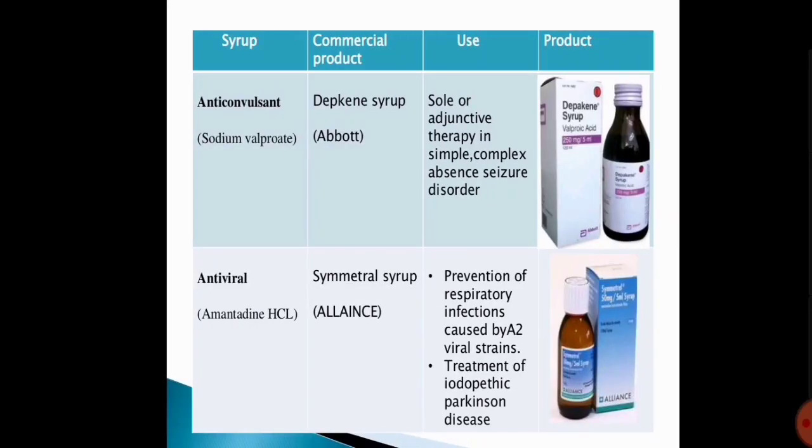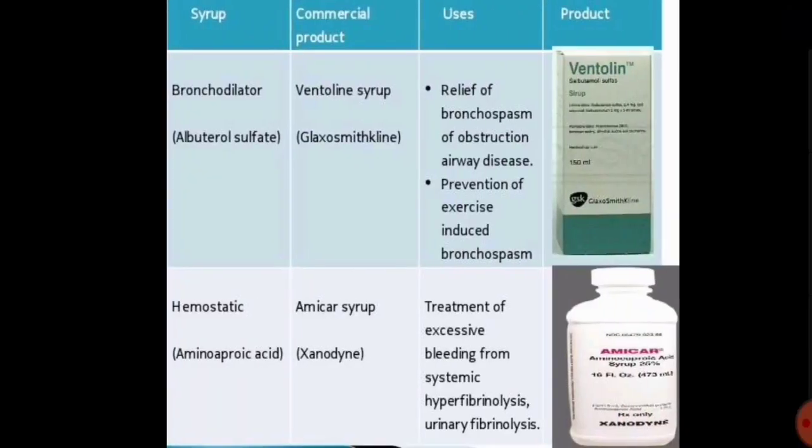Then we have anticonvulsants, which include sodium valproate, and a commercial product is Depakine syrup from Abbott, also used as adjunctive therapy in simple and complex absence seizure disorder. Then we have antivirals, amantadine HCl, and many examples like this.